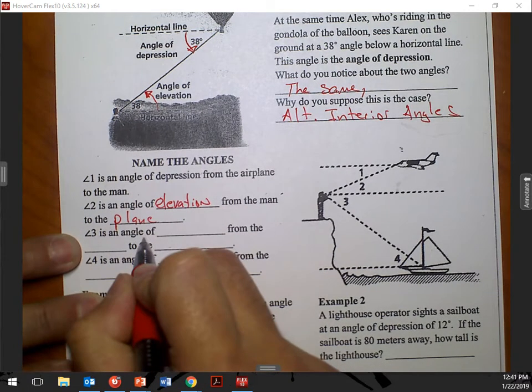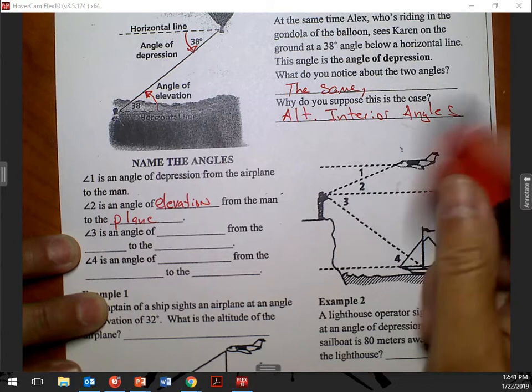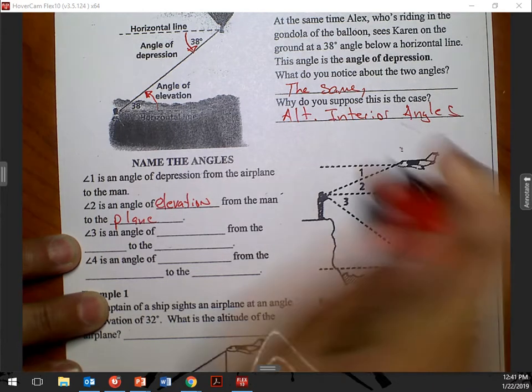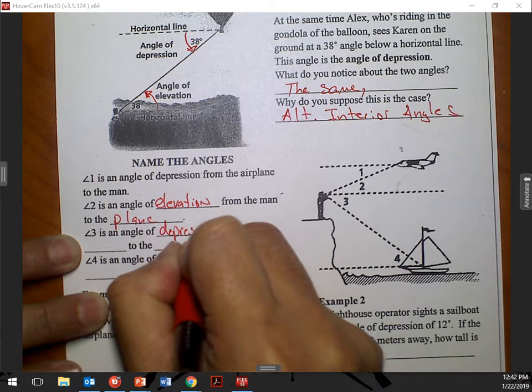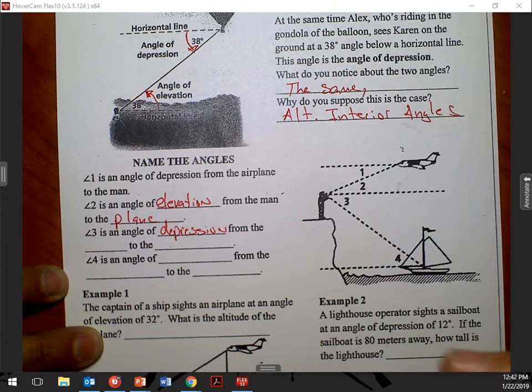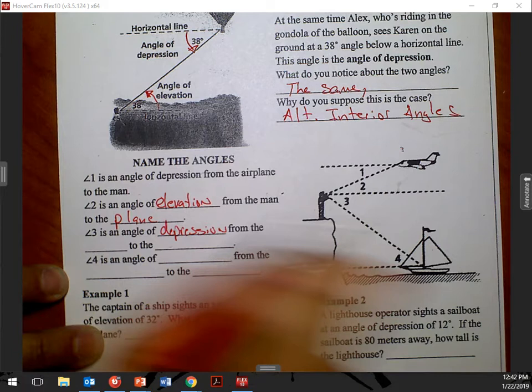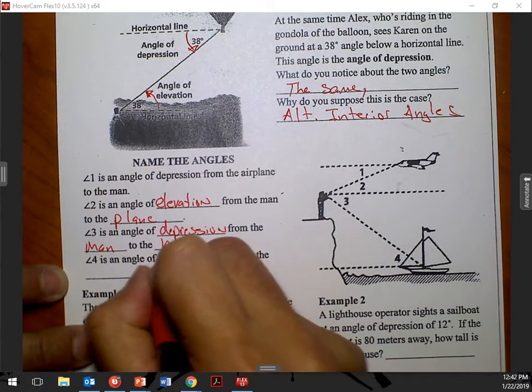Angle 3 is an angle of depression. It's from my horizontal line going down, right? From the blank to the blank. From the what to the what? Man to the boat.